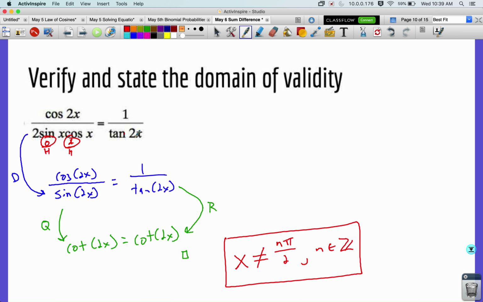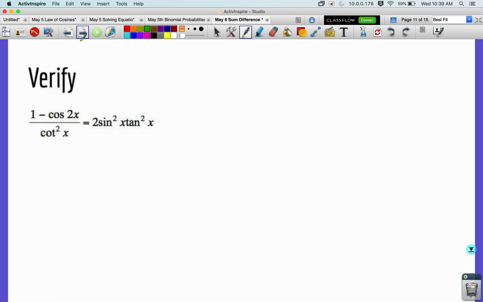Now that I'm thinking about it, the fact that this is a 2x here, this is opposite over adjacent. There are more restrictions here. I actually don't want to go through this. I think it's a little bit too in the weeds, but technically 2x here cannot equal 0 either, which happens when the adjacent is equal to 0. Actually, it might still balance out to be this. I'd have to think about that one. Let's just not worry about the domain of validity with double angle ones.